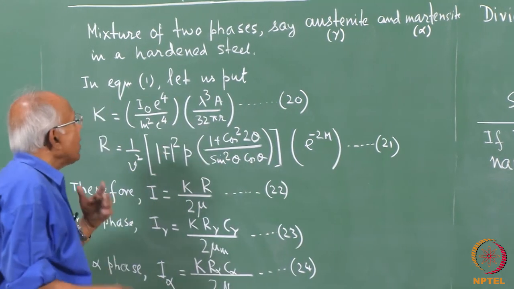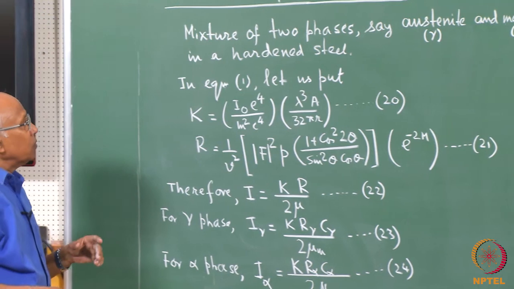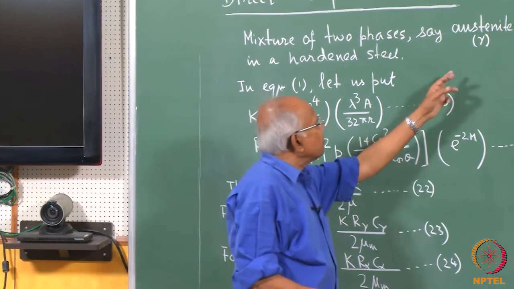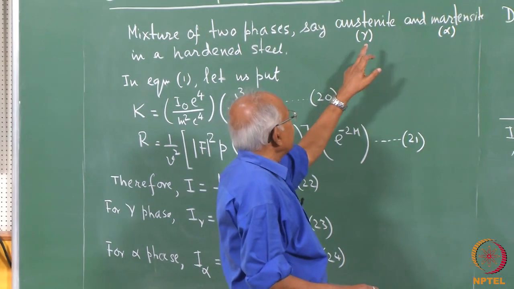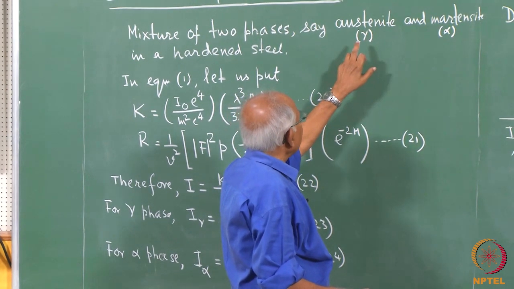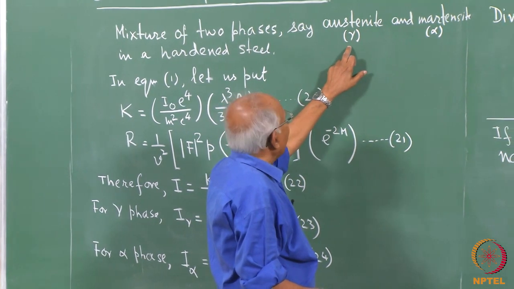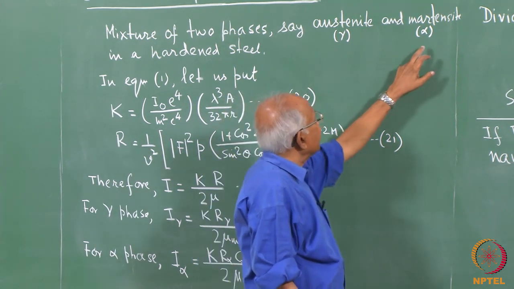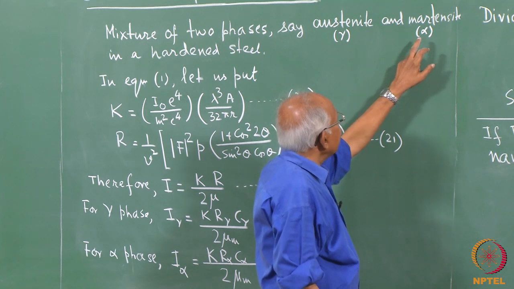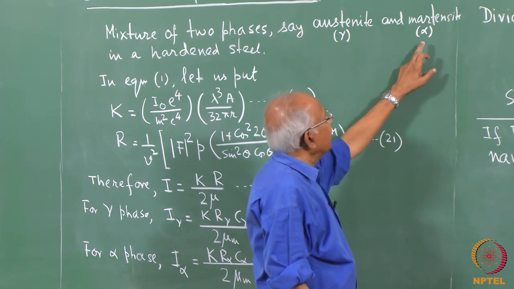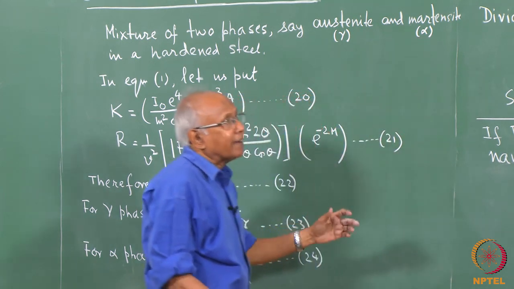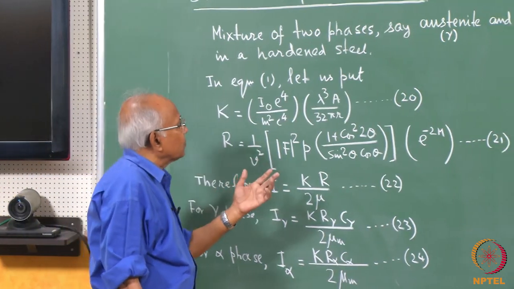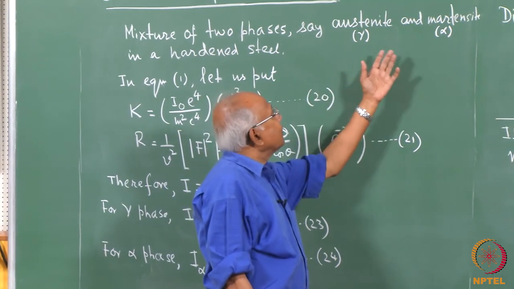Now, what we do in this method, we choose two lines, one from each phase. So, we consider a particular XRD line from the austenite phase and a particular XRD line from the martensite phase in the X-ray diffraction pattern of the mixture, and then compare the intensities of those two lines.